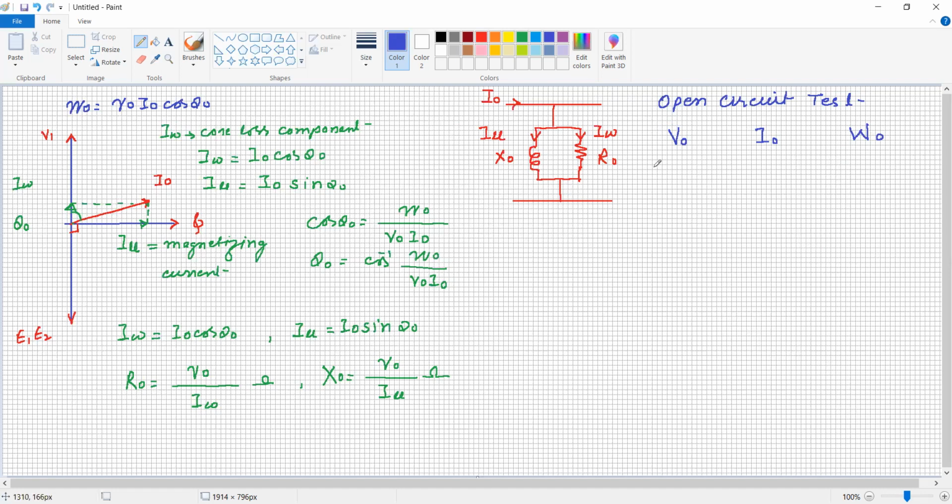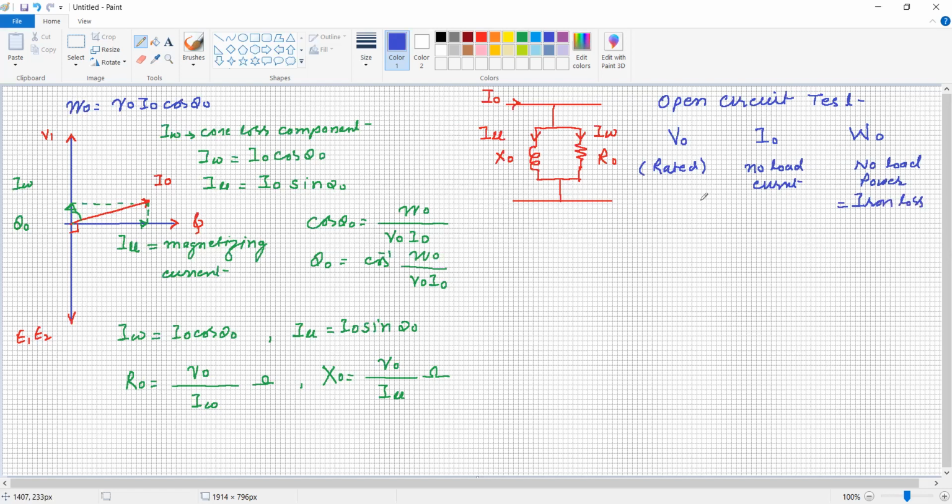The voltage is the rated applied voltage, this current is the no load current, and this is the no load power. And this no load power is equal to the iron loss.